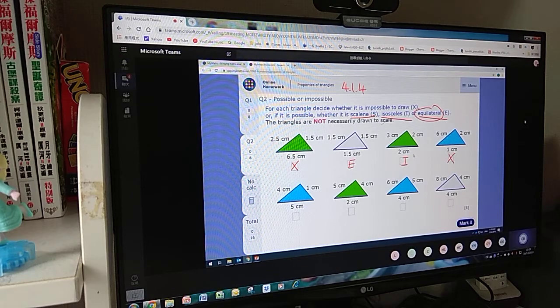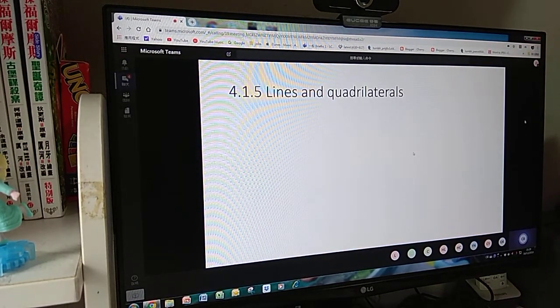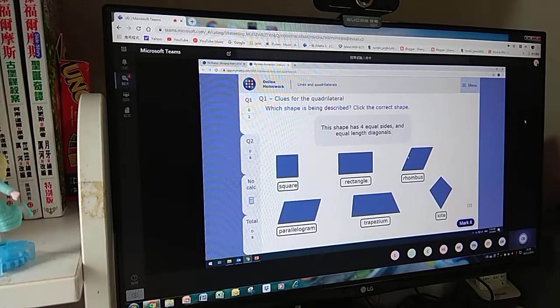If you have no more questions, then I will move on to 4.1.5.